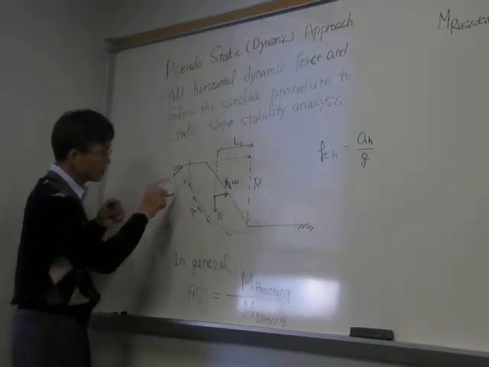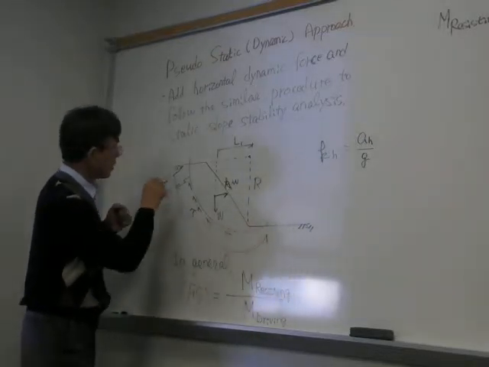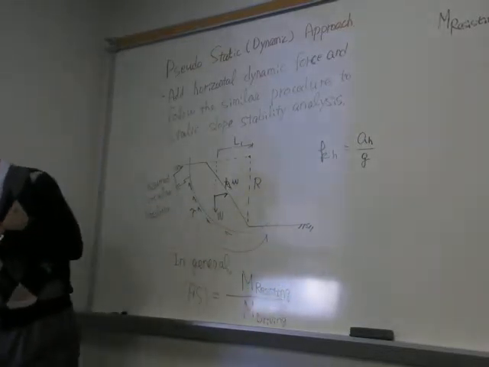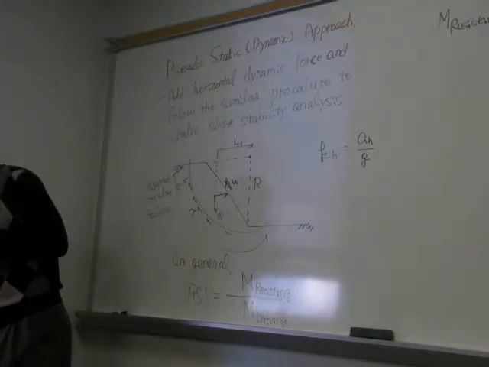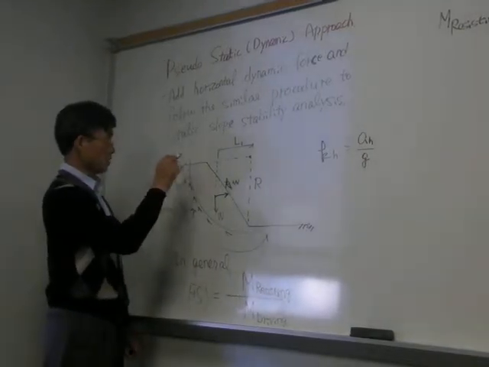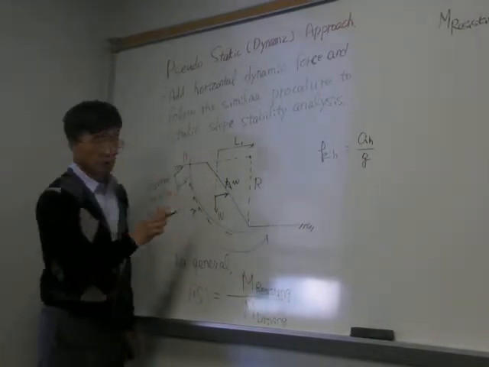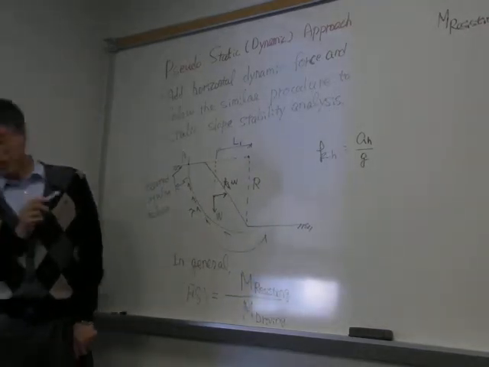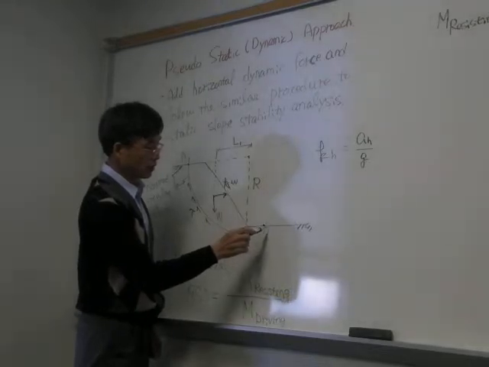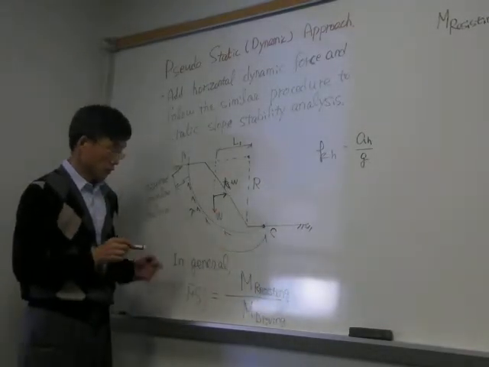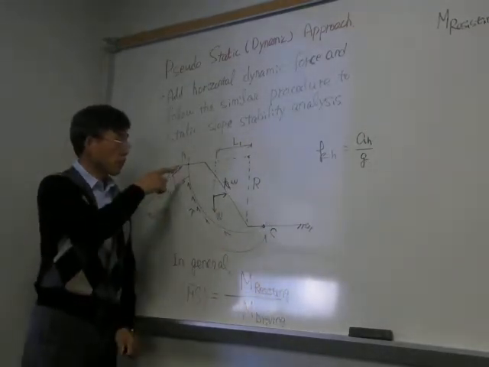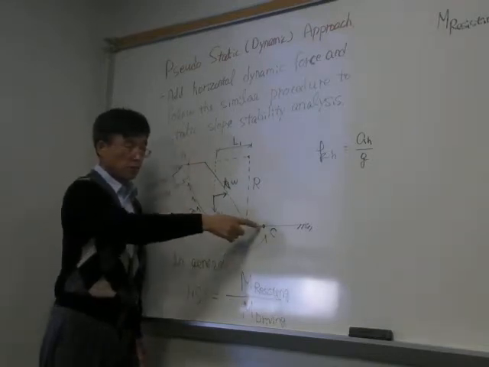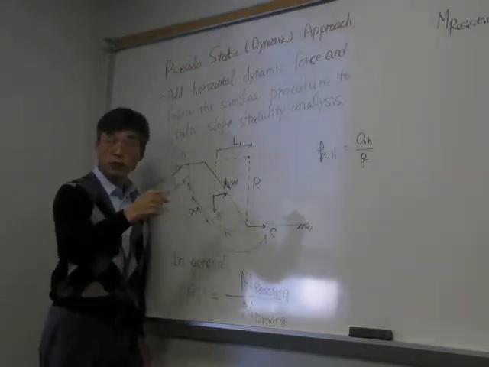Let's say this point is A, this is B. Anyway, in my note it says this point is C. Then surface area is arc length times unit width.